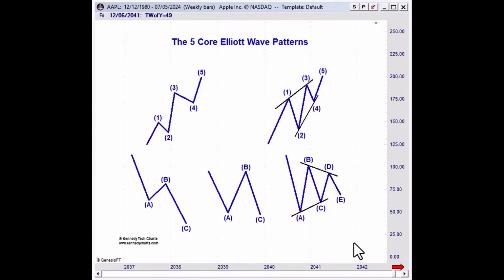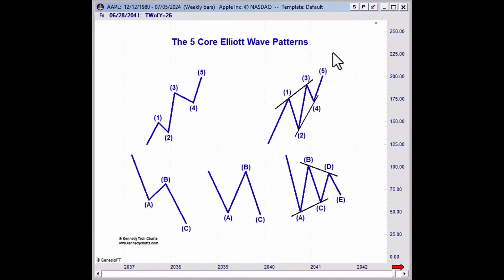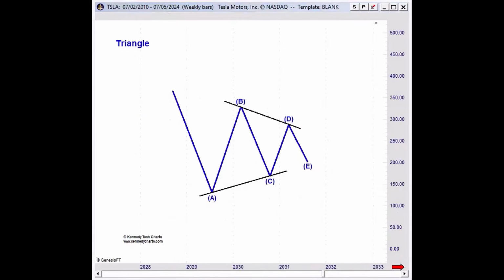And specifically, today we're going to be diving into how to trade a contracting triangle. So let's get started by reviewing the pattern. Remember, it is a sideways formation. There are variations to the core foundational pattern, which is the contracting triangle.